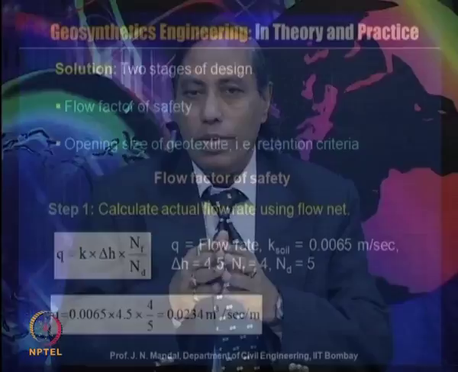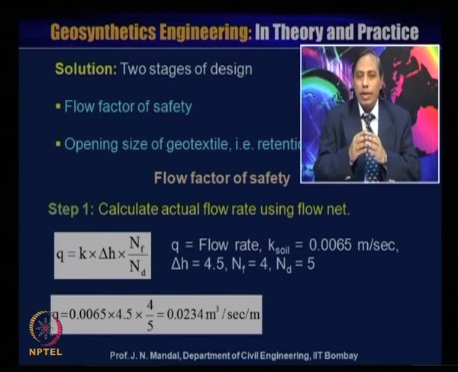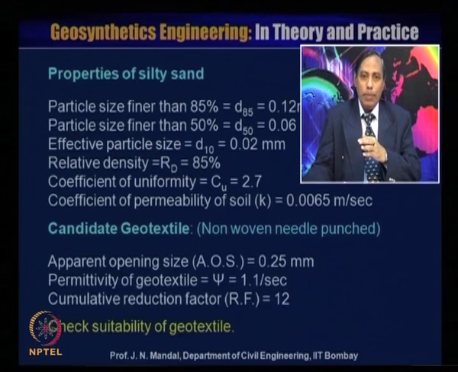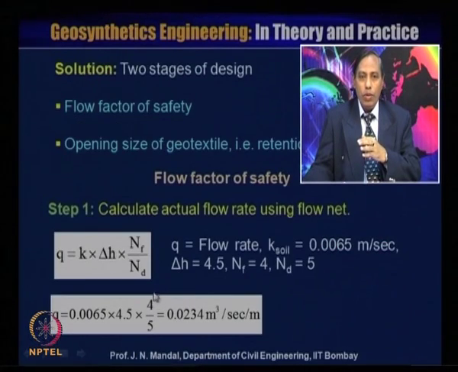So step 1, we will calculate the actual flow rate. As I mentioned earlier, you draw the flow net diagram and calculate NF and ND. This is the flow net diagram, and we calculated the number of flow lines as 4 and the number of equipotential lines as 5. So we know NF and ND.